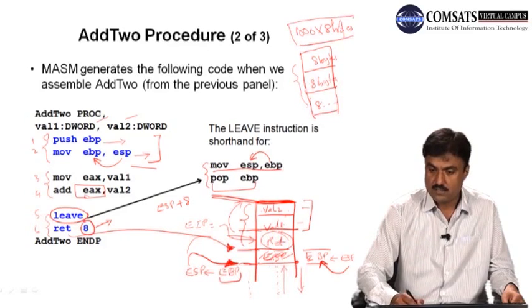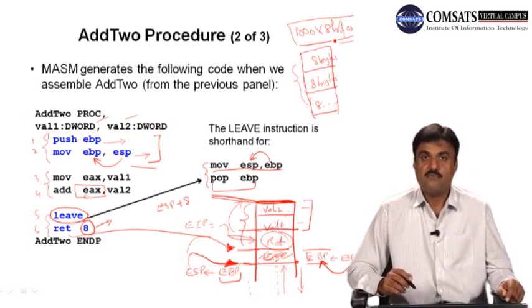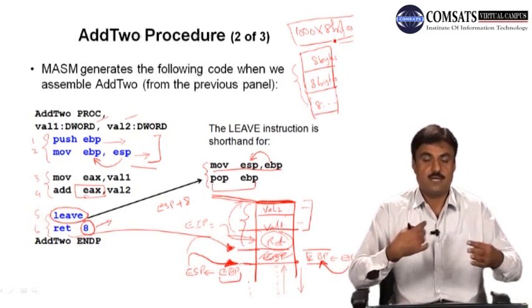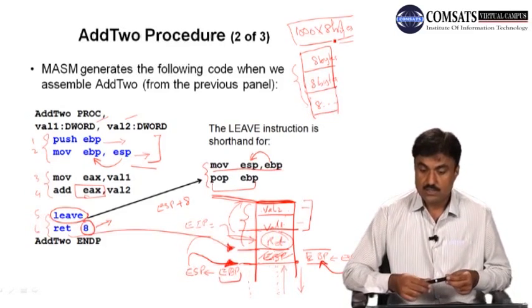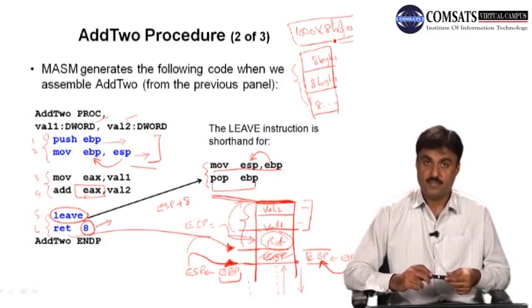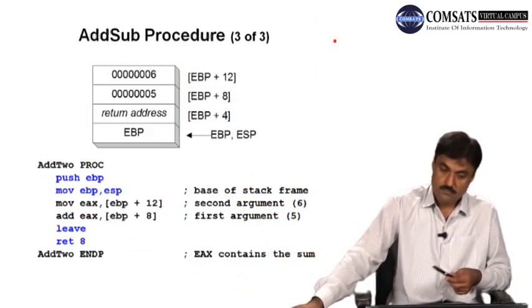You are occupying this much size of the stack. Definitely you will get some error because the stack has a limitation. You cannot exceed it. So this is one way you can clean up the area which you are using.